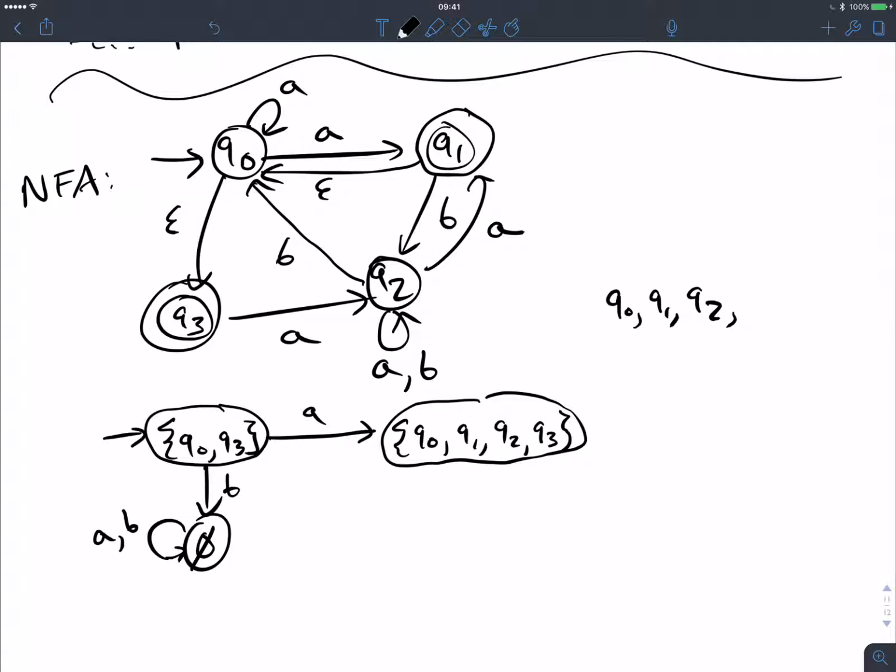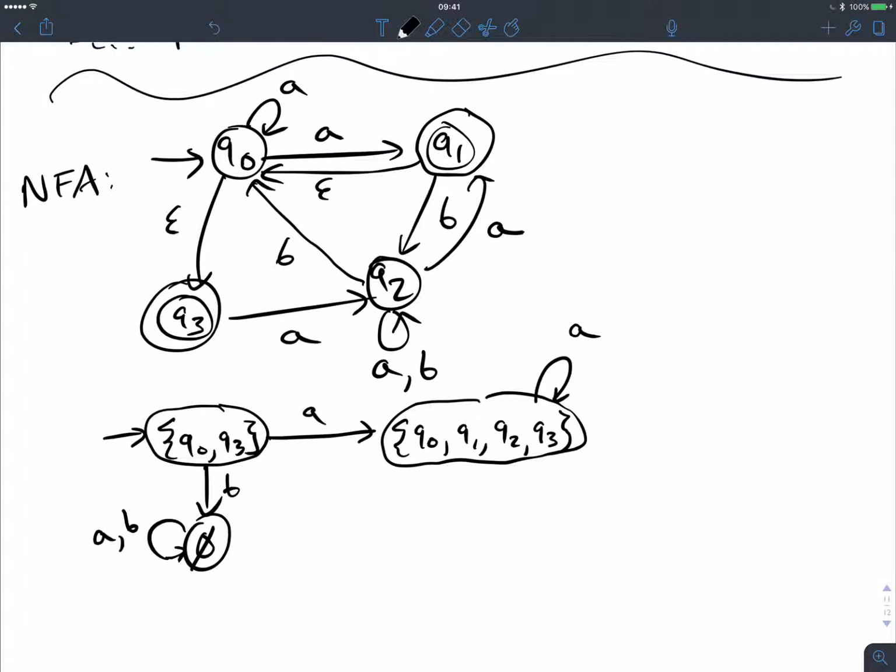But now I've got to do epsilon closure, include Q3, but we already have that state, so I'm going to make that a self loop. I think this might accept everything. No, it doesn't accept everything.